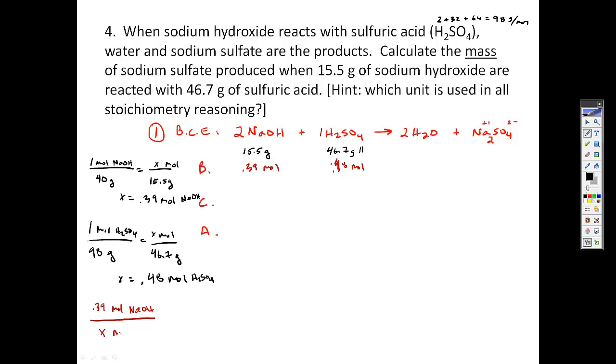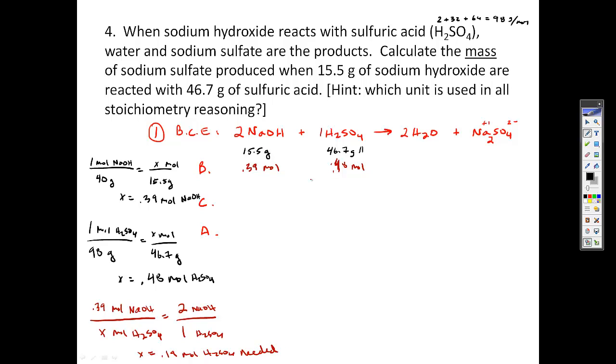The question is, how many moles of sulfuric acid would I need to react with 0.39 moles of sodium hydroxide? Well, I know that my ratio of sodium hydroxide to sulfuric acid is 2 to 1. So in this case, I would need 0.19 moles of H2SO4.